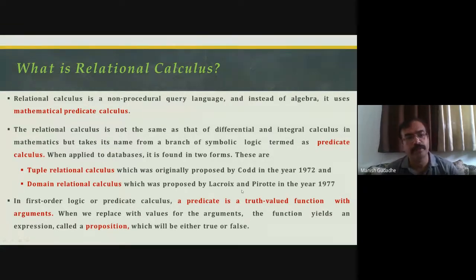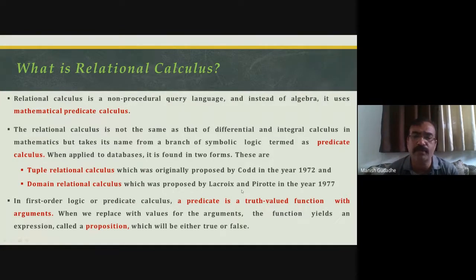The difference between these two is, as the name suggests, here we are outputting the tuples, and there we will be outputting the domains. As and when we progress, you will be able to understand that. So, just to read it formally, in first order logic or predicate calculus, that is relational calculus, the predicate is a truth valued function with arguments.